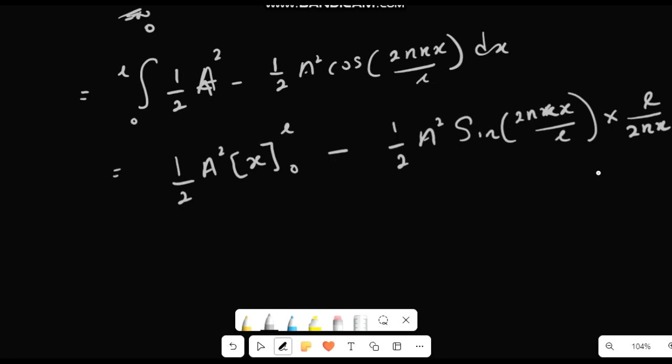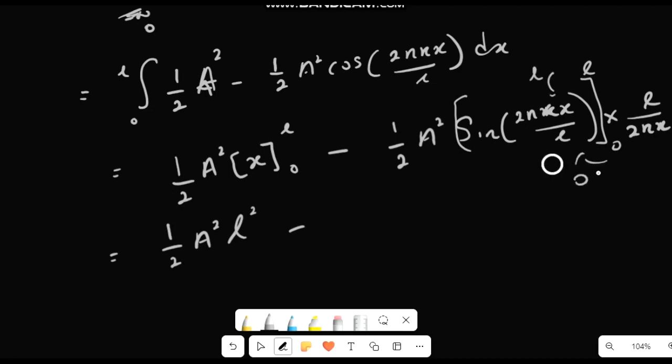So here I have got the expression. Now I'm going to apply the limits: A squared L squared, and 0 is just 0. Look at this: at every limit, L and 0, this sine term goes to 0, right? I have explained why this happens in our previous videos. If you don't remember, quickly wrap it up by watching that small video.